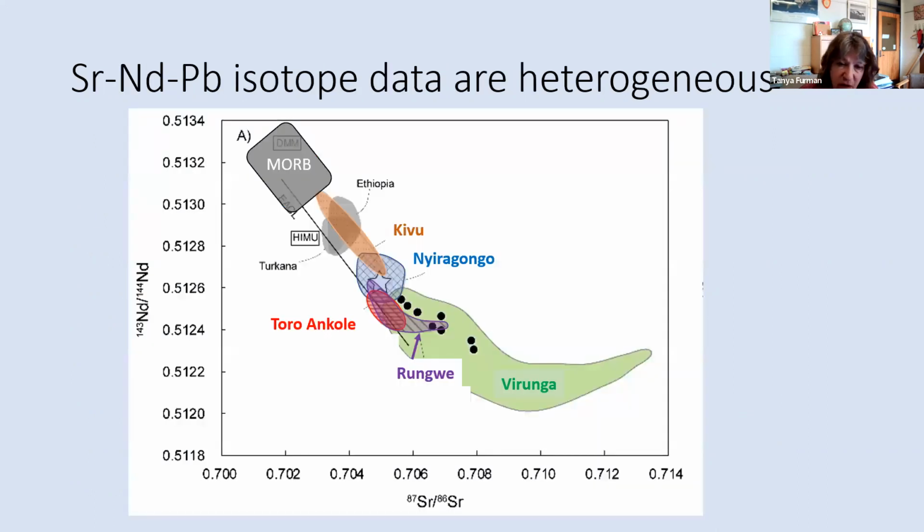Geochemists have another tool that we use. We look at isotopic data. We look at elements that have naturally occurring radioactive isotopic compositions. This graph happens to plot strontium, which is related to rubidium, and neodymium, which is related to samarium. Oh God, it's all those words.